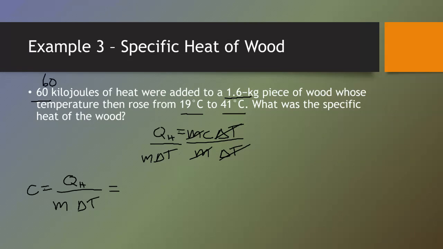60 kilojoules is 60,000 joules. The mass is 1.6 kilograms, or 1,600 grams.